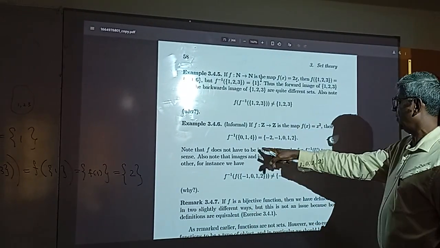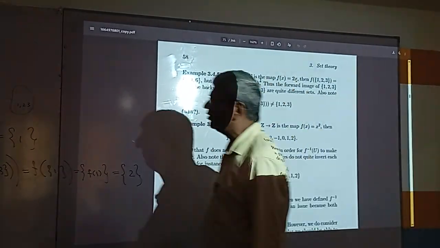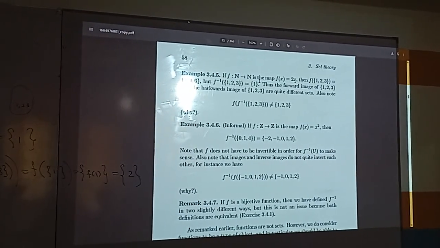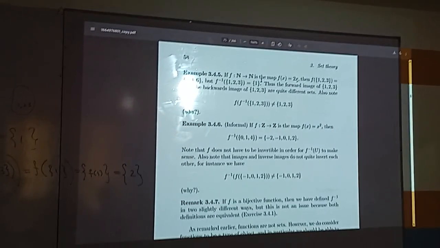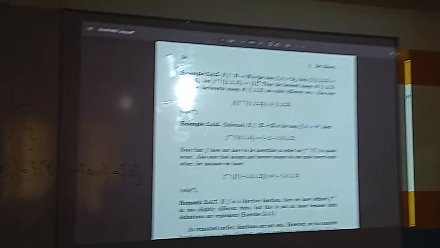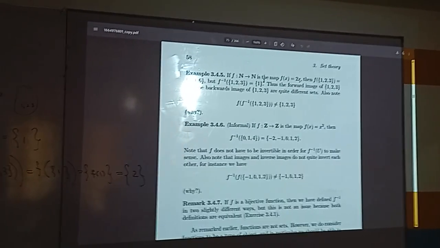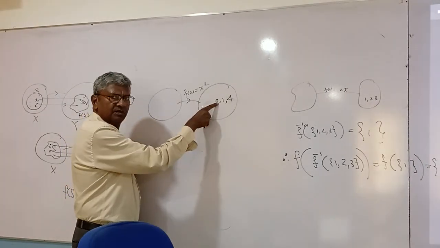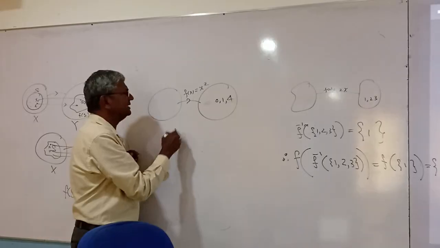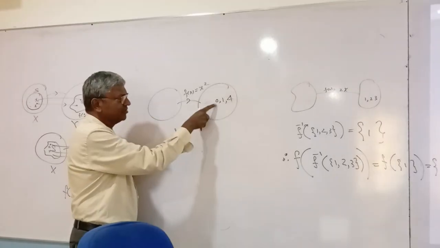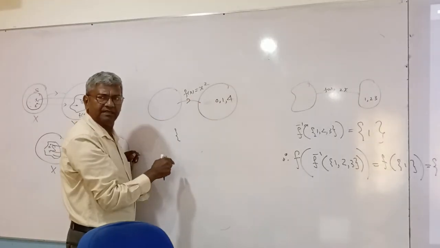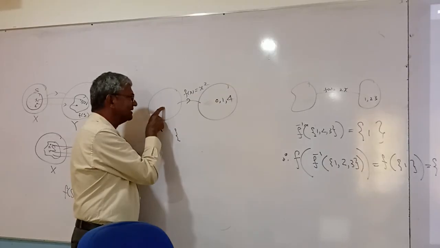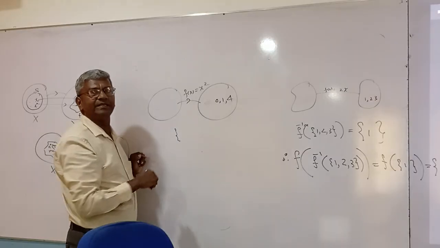Yes, {0, 1, 4}. f inverse: I want to check which elements go from here to 0. Are there any elements in this set which go to 0? f(x) equals x squared. I am asking whether there are elements whose square is 0. Yes, 0.